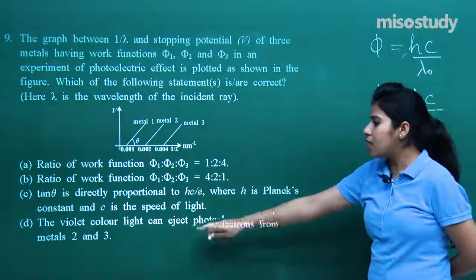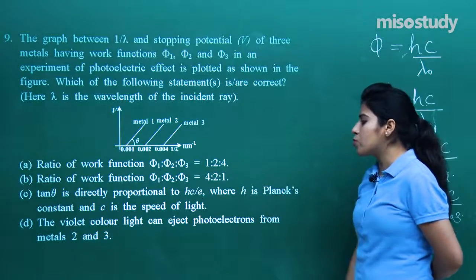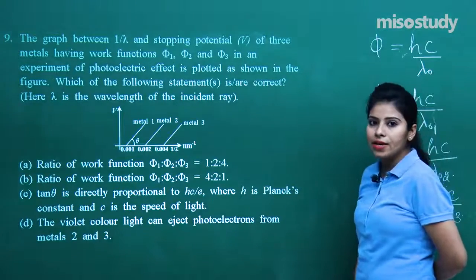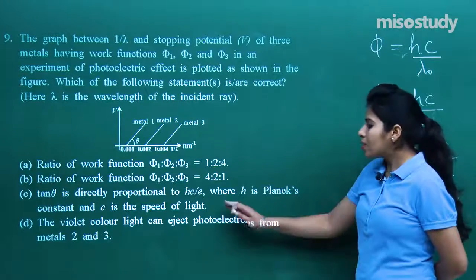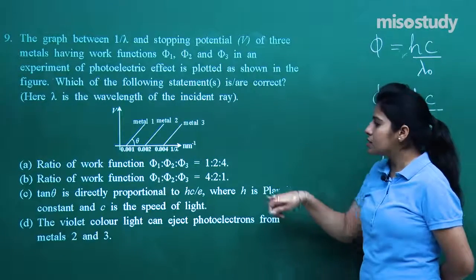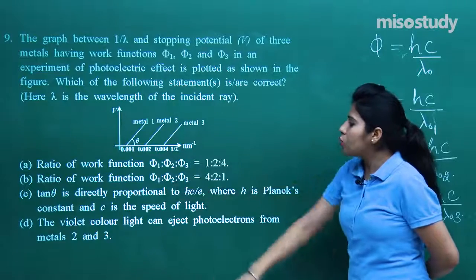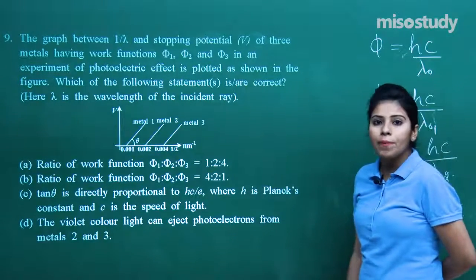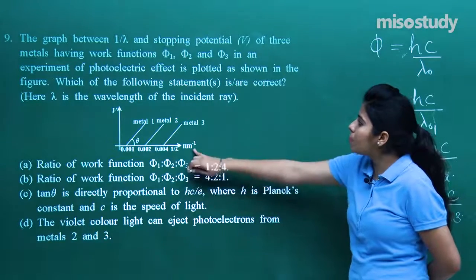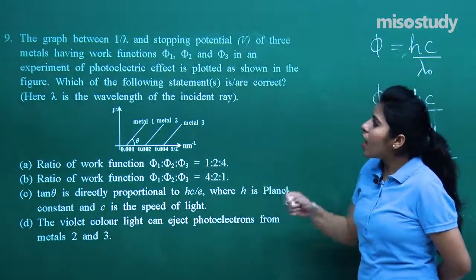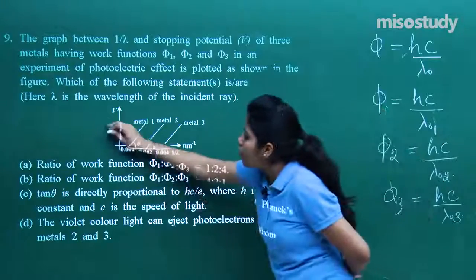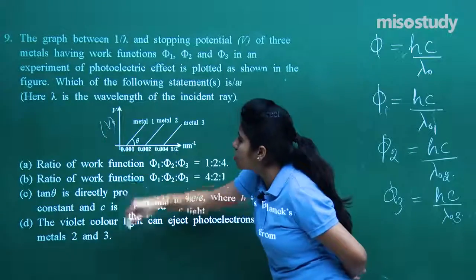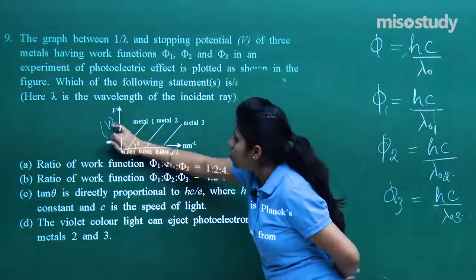The third option says that tan theta is directly proportional to HC by E. If I plot a graph between 1 by lambda and the stopping potential, I can write the stopping potential as V naught also.